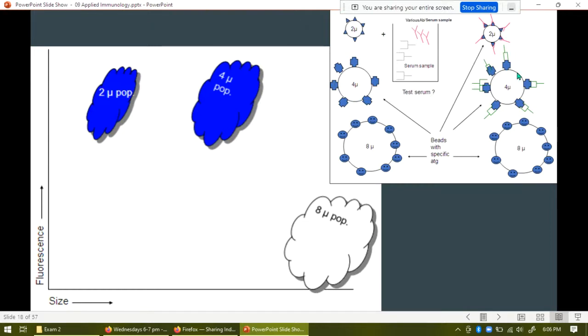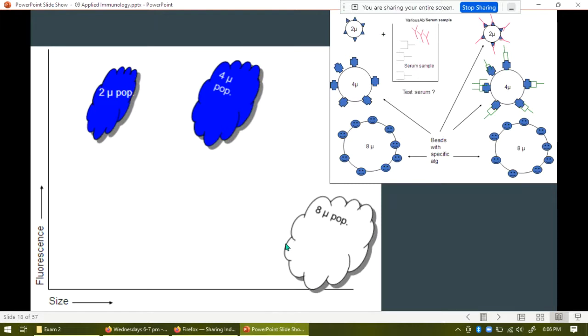And the reason it's fluorescing is because the sample that you tested had primary antibodies directed against the plus antigen. Okay. And then we also had the 8 micrometer population. There were no antibodies against the smiley face that was on the 8 micrometer beads. So that one didn't fluoresce, but it was located down here.